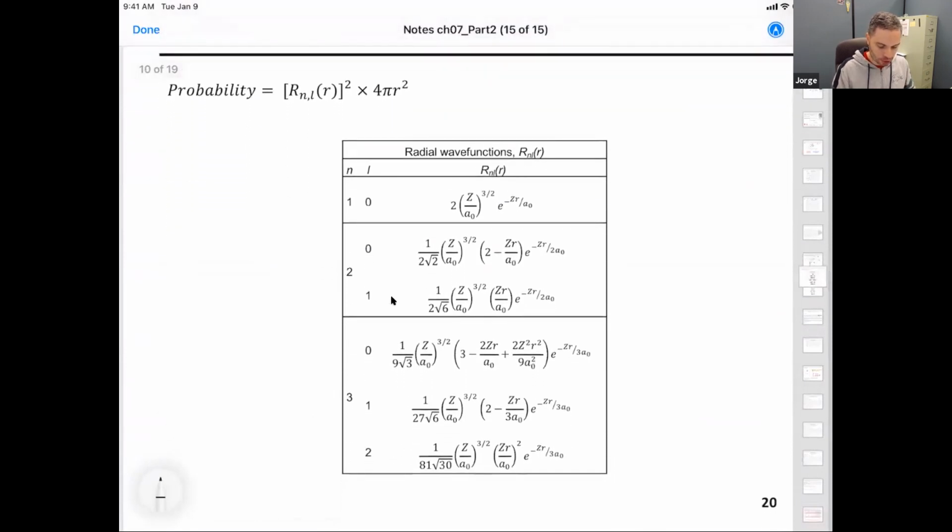And here I'm showing you some of the radial wave functions for some values of n and l. So if you know how to use some kind of graphing program, for example, Mathematica or MathCAD, you can square the functions, multiply by 4 pi r squared, and graph this as a function of r.